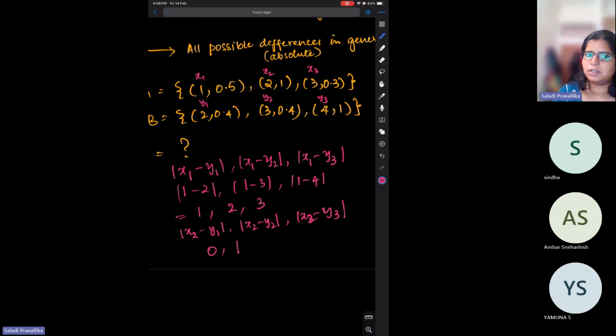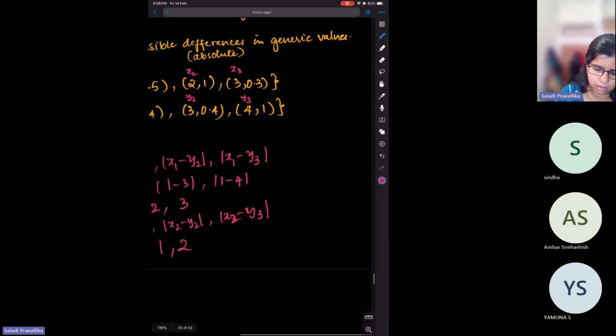The distance is always a positive value, right? It is equal to 0 or greater than 0, right? So we are not going to take any negative values here. We are only taking the positive values. Okay, so x2 minus y1 is 1, x2 minus y2 is 1. And then, sorry, x2 is 2 minus y3 is 4. So that is equal to 2.